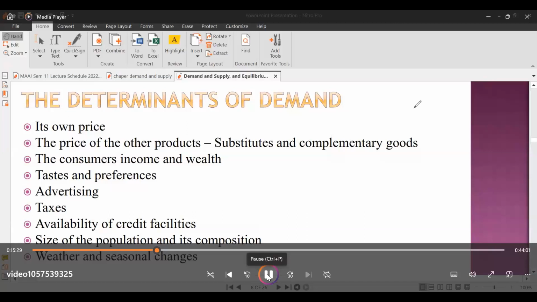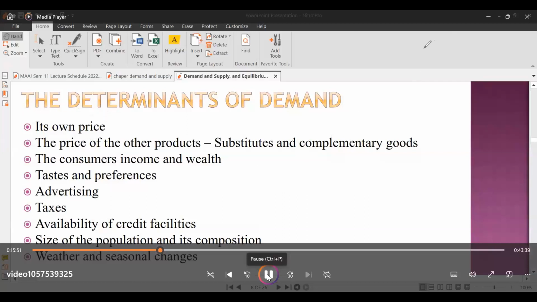We consider these as the demand determinants. Even though all these factors affect demand, the very important factor is the price of the product, right?